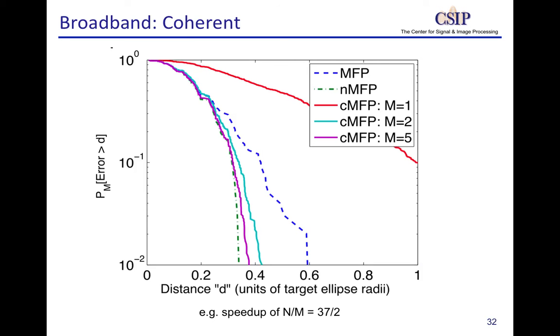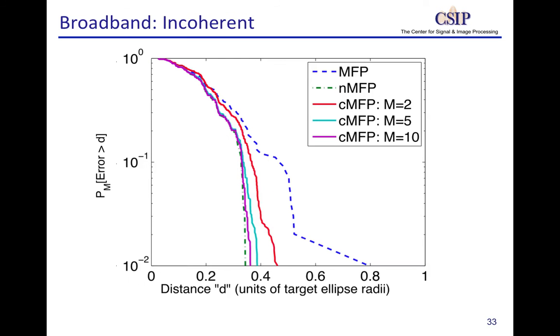You can end up with an approach which works almost as well as the normalized matched field processing. And in the incoherent regime, the dashed lines represent the classical matched field processing, either normalized or unnormalized. And our approach, using only 2 measurements per frequency, does fairly well at a speed up of about 37/2 times faster.